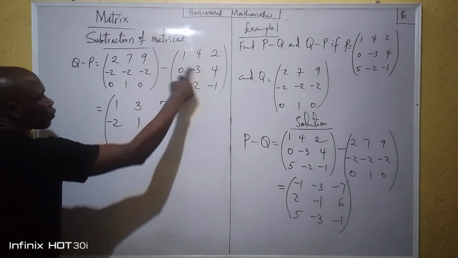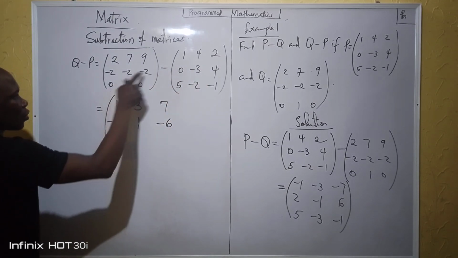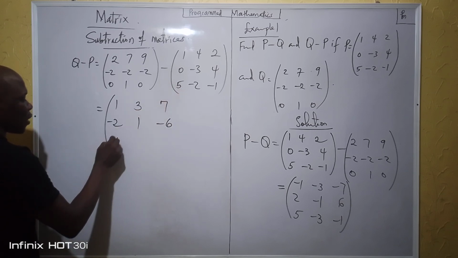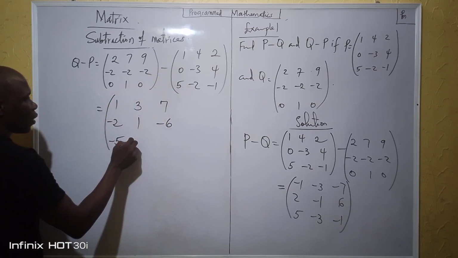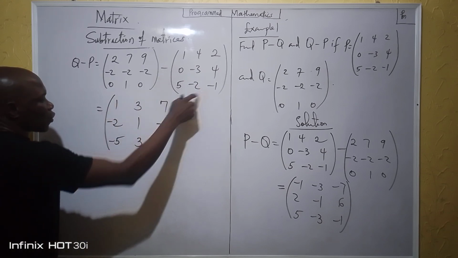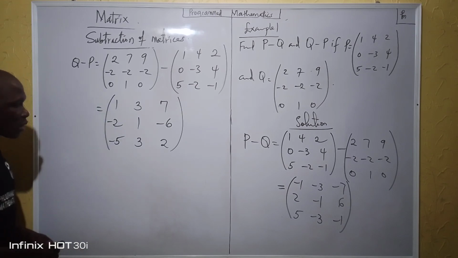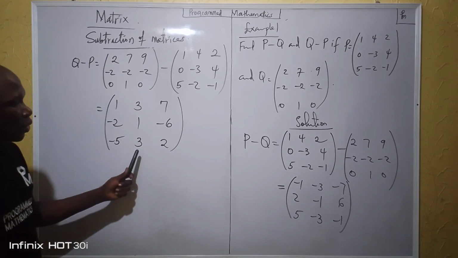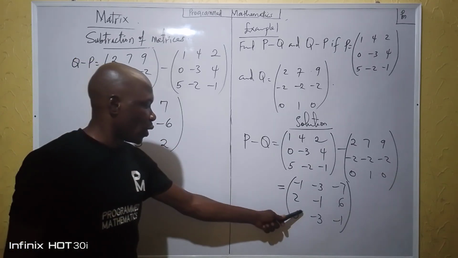Minus 2 minus 4 is minus 6. 0 minus 5 is minus 5. 1 minus minus 2, that's plus 3. Then 1 minus minus 1 is 2. All right, so if we look at the result we have here, you can see they are not in any way the same.